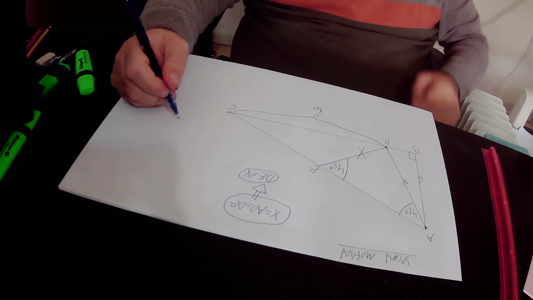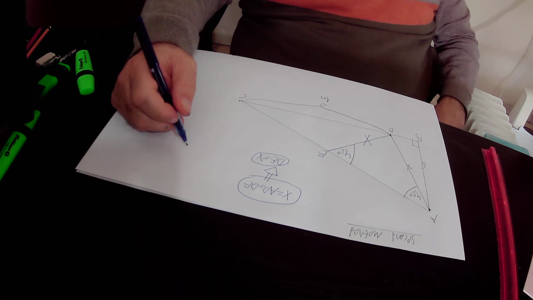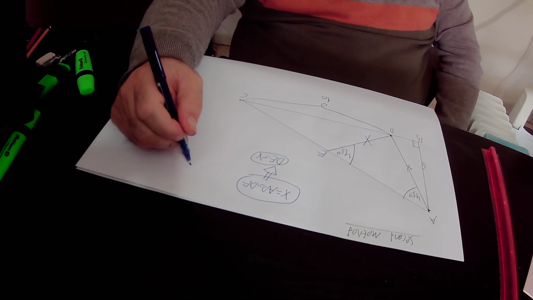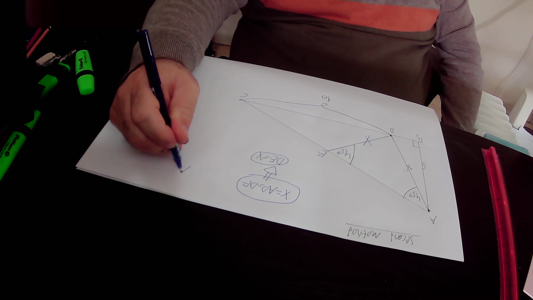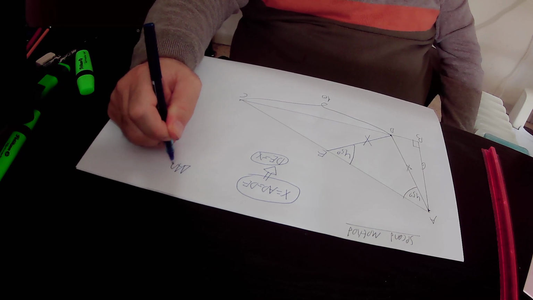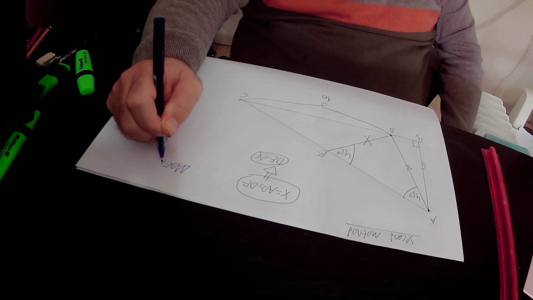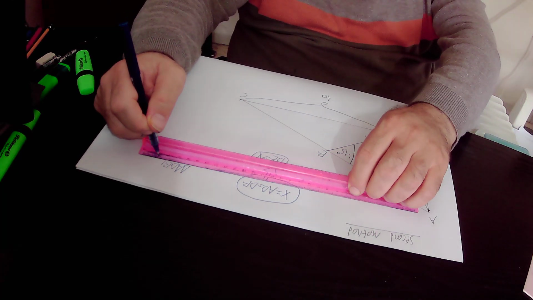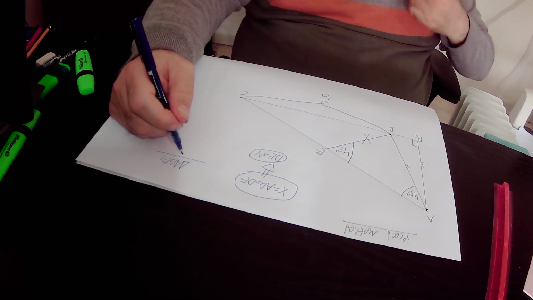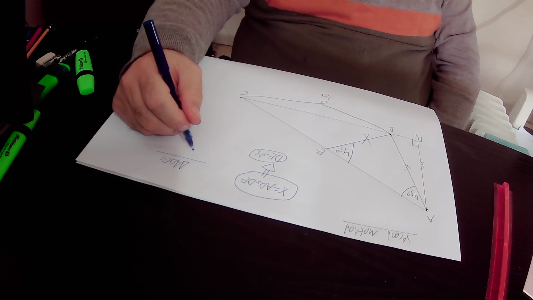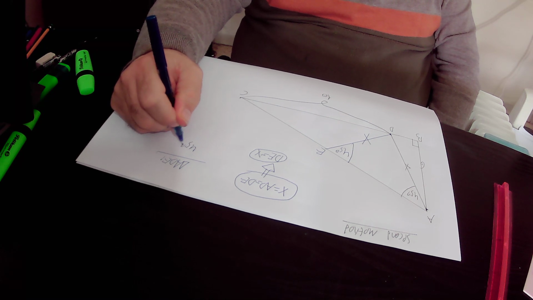And we also know that the sum of the angles in any triangle is equal to 180 degrees, and especially in triangle ADE, the sum of the angles must be equal to 180 degrees. So which angles do we have in triangle ADE? We have one angle that is equal to 45 degrees.